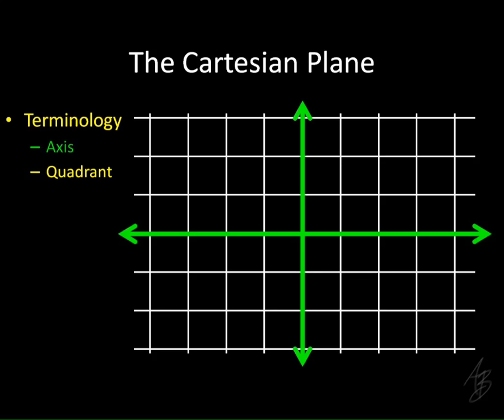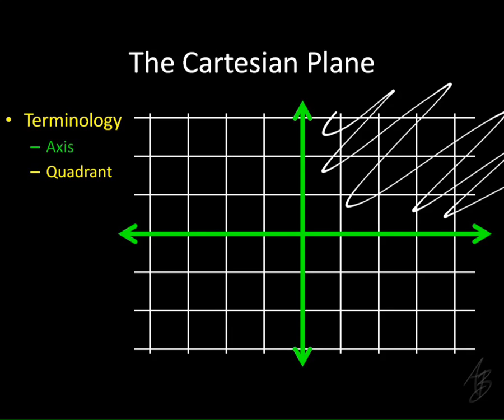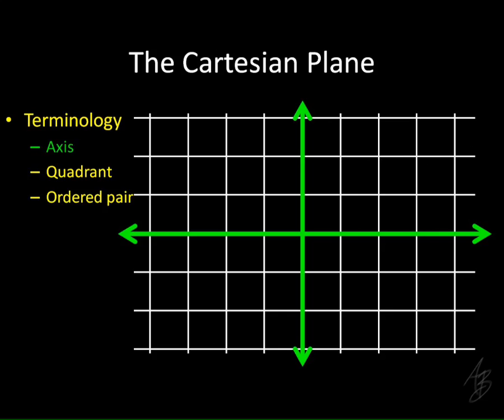The first quadrant is the top right one, and that's everything above the x-axis and to the right of the y-axis. The second quadrant is everything to the left of the y-axis and above the x-axis. And those go around. We're not really going to talk about the quadrants much, so I'm not going to spend much time here. What's an ordered pair?